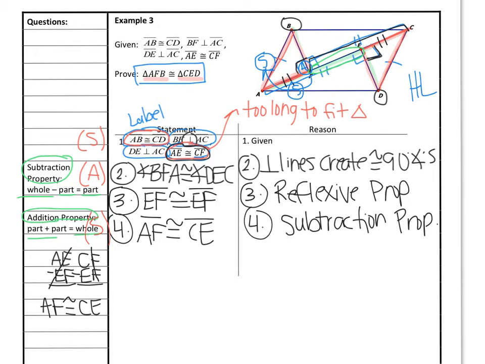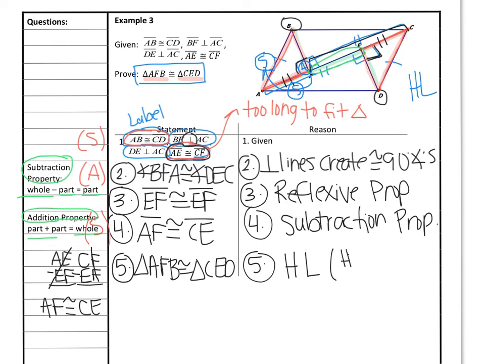So we've got the two hypotenuses congruent, and one of the legs congruent with the 90-degree angle, which means that by default, they have to be congruent by HL. So triangle AFB is congruent to triangle CED, and our theorem here is HL.